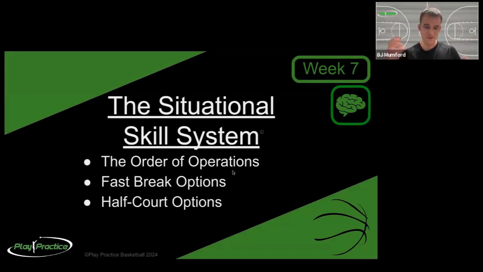So we're going to talk about the order of operations, both as an individual player and as a team, what that looks like. And then we're going to get into a lot of two-man actions this week, really talking about you and a partner, you and the ball, or if you have the ball, what your partner that does not have the ball should be doing to create space and really give the defense a hard time is our ultimate goal here. So we're going to go through situation in a fast break, where to run to if you don't have the ball, if you're ahead or behind the ball, where to attack if you do have the ball, what our basic options are.